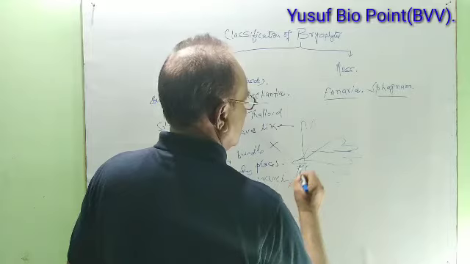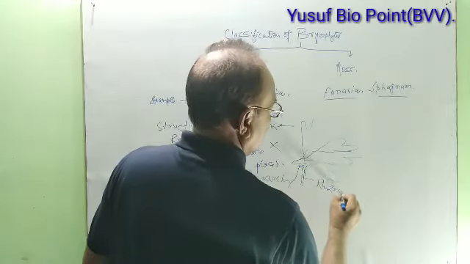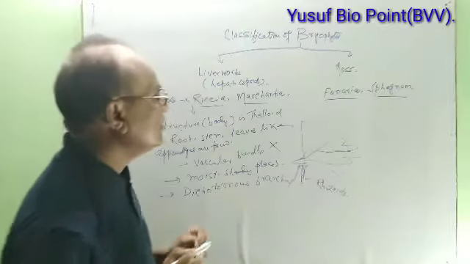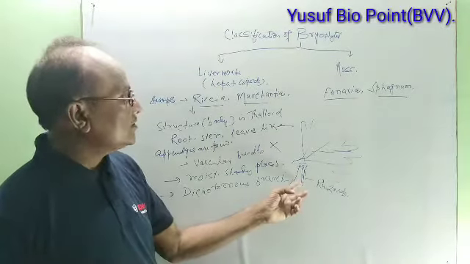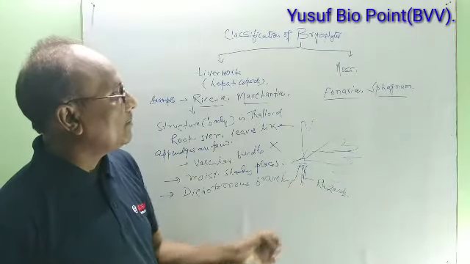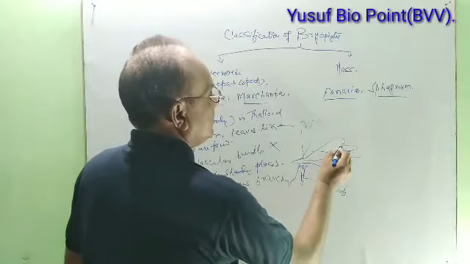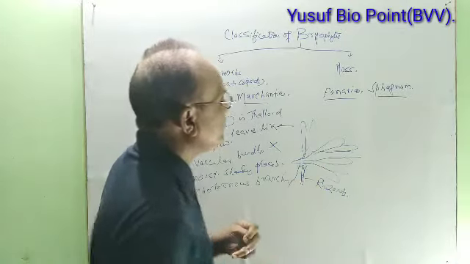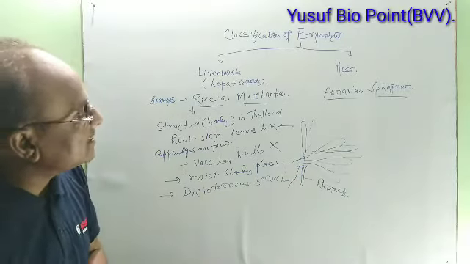And there is a root-like structure, that is rhizoids, from which it absorbs water and other minerals. This is the plant body, with dichotomous branching and leaf-like appendages.